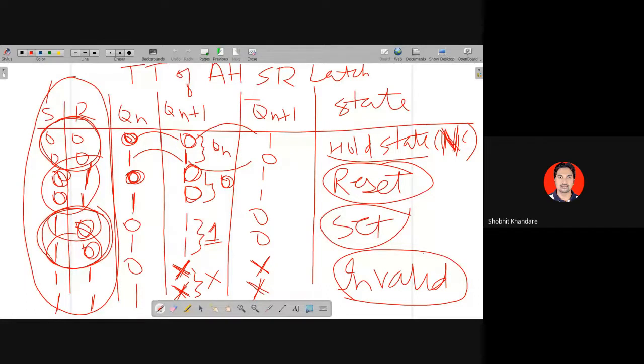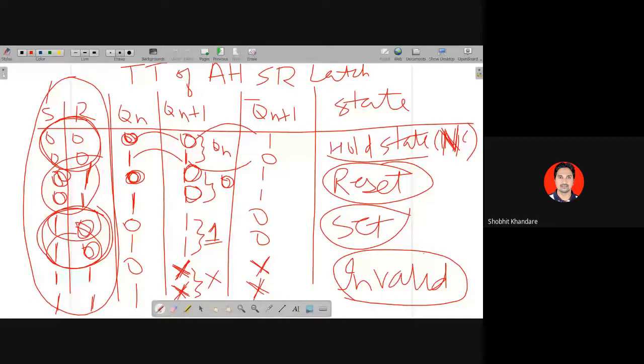Tell me under the set condition, what is the status of S? What is the status of R? S 1, R 0. And under the invalid condition, S is equals to 1 and R is equals to 1. अब ये condition है.